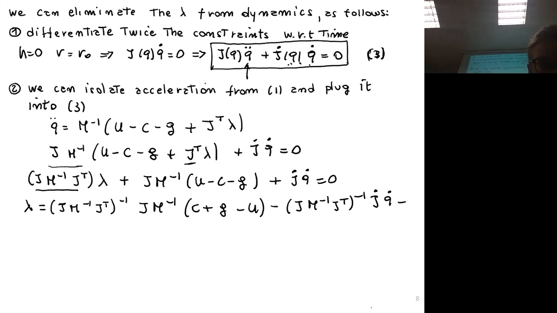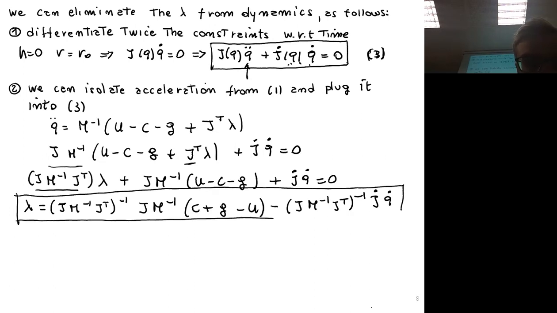And this is the expression that allows us to compute these constraint forces that are needed to respect the constraint, in this case, to not move the end effector. We call this lambda C, or lambda.